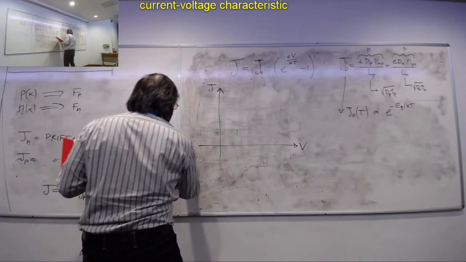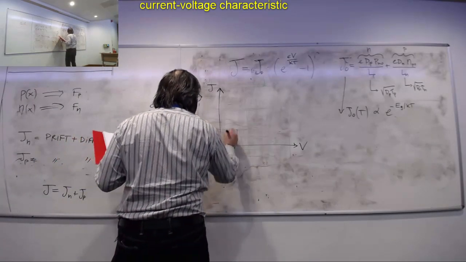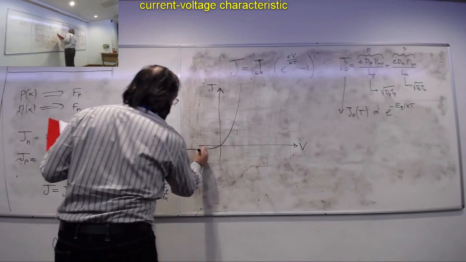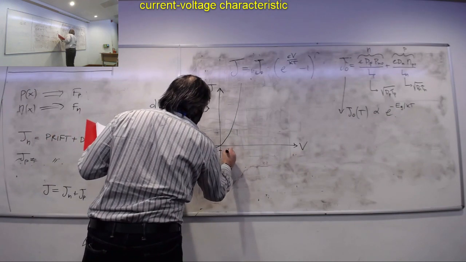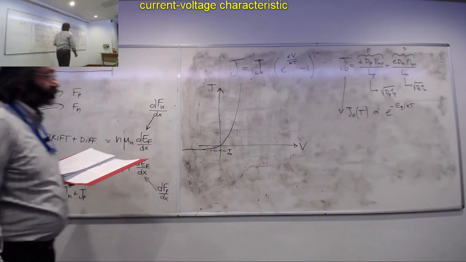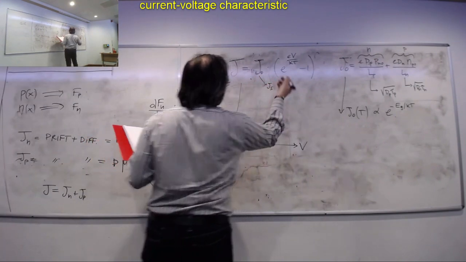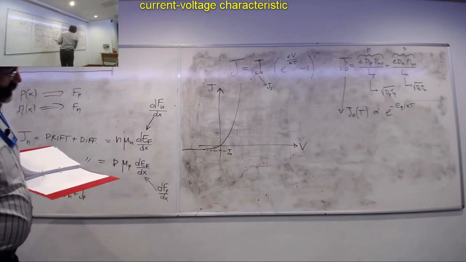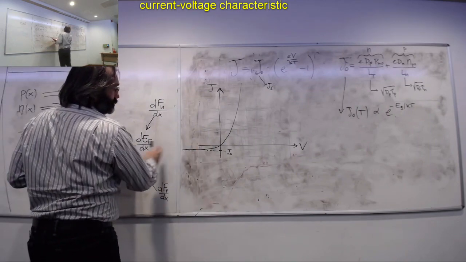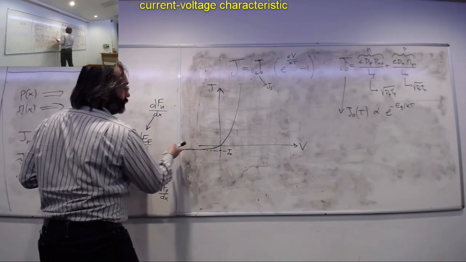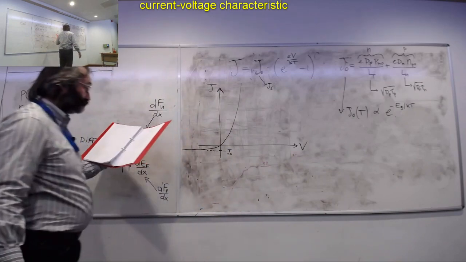And this looks like that. I'm exaggerating. This is minus J0. Sometimes J0 is also indicated as JS. So in reverse bias, the current is minus J0, and that goes up exponentially.